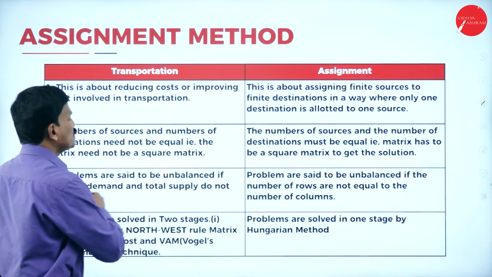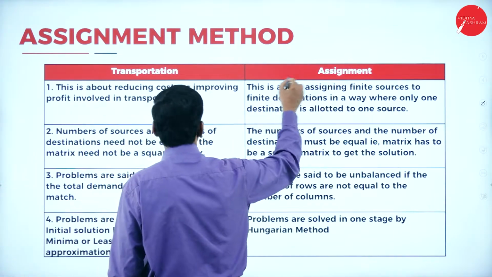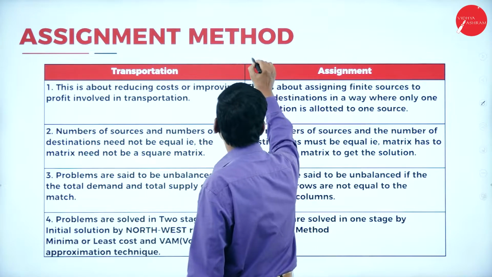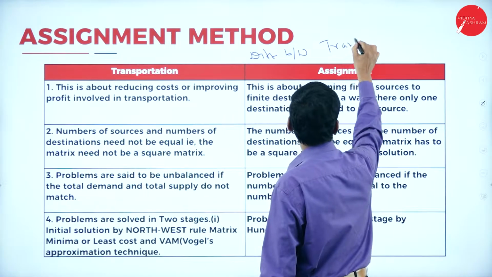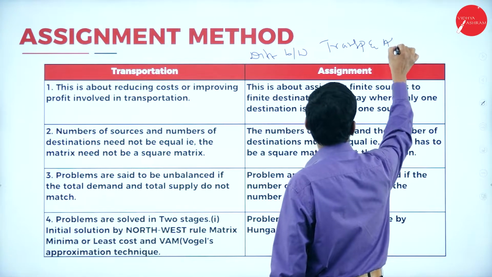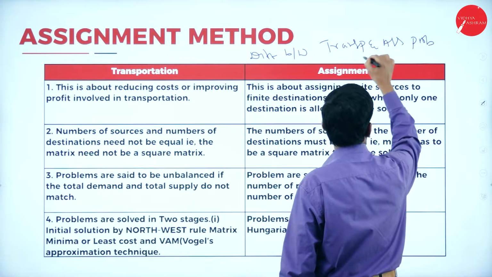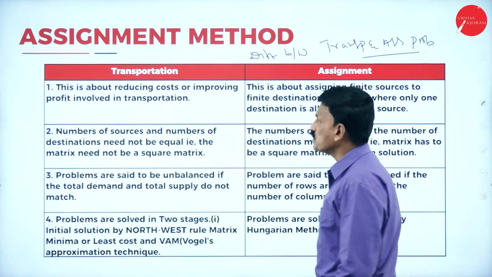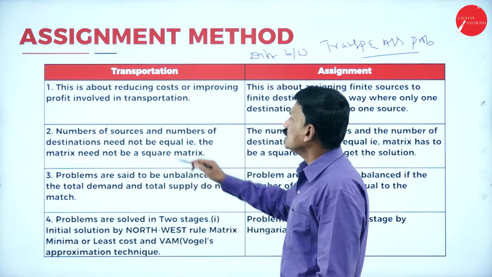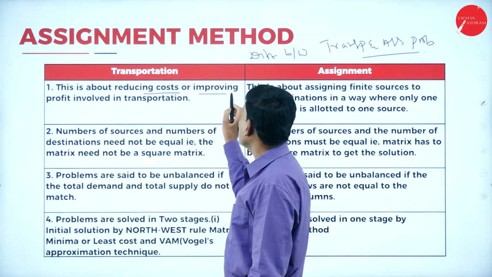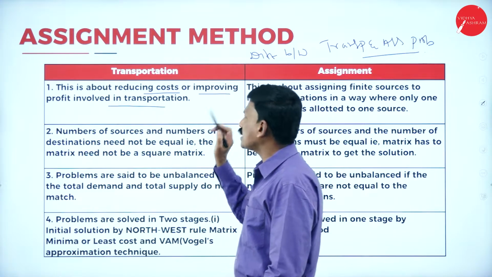Now, what is the difference between the assignment and the transportation problem? Let us know the difference between them. The transportation problem is about reducing the cost or improving the profit involved in the transportation.